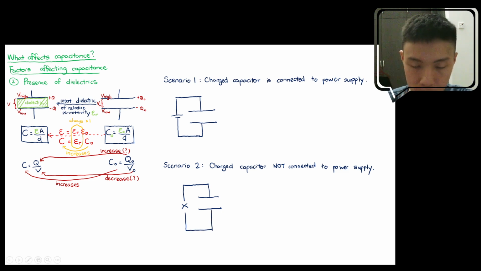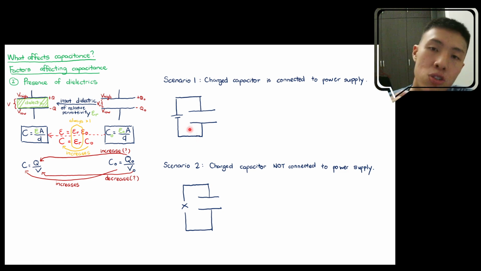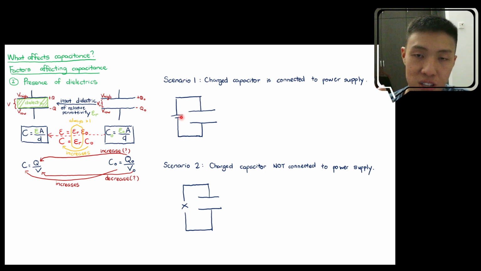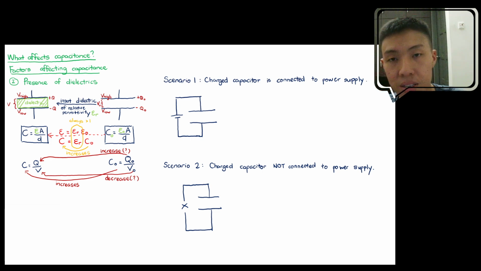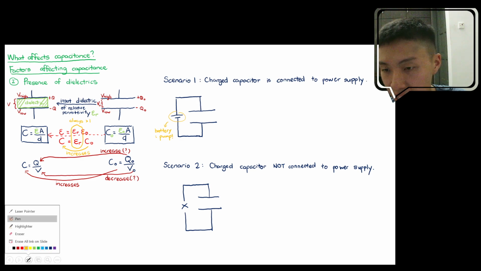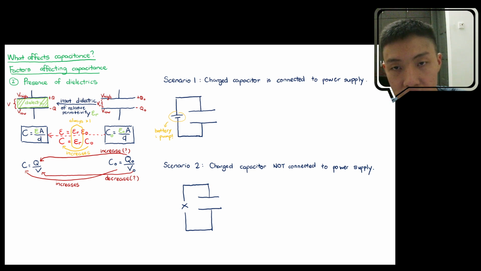So what do we know about a battery? The function of a battery is to act like a charge pump. Remember, a battery is like a pump. So if a battery is like a pump, what happens if you insert a dielectric inside the space right now?